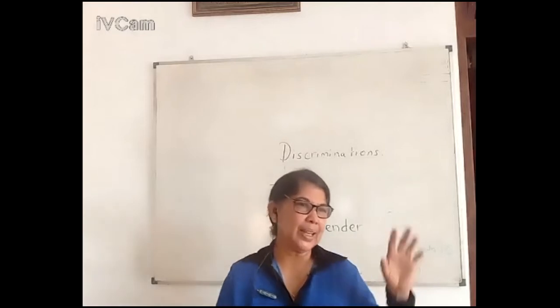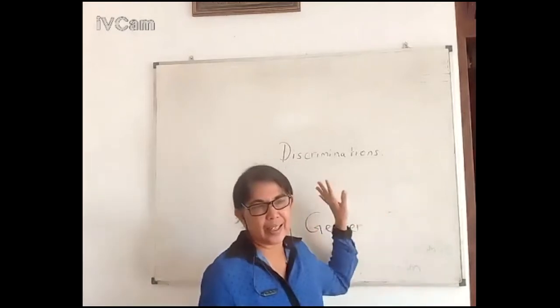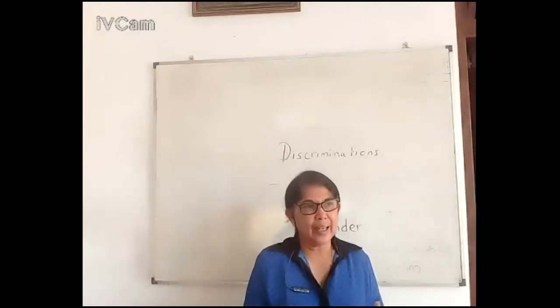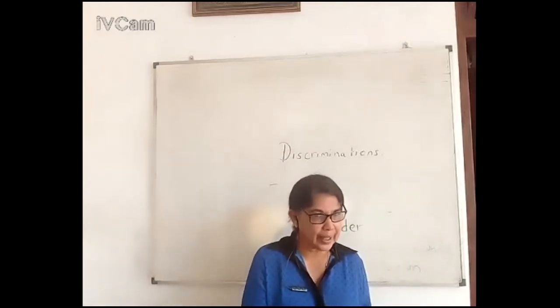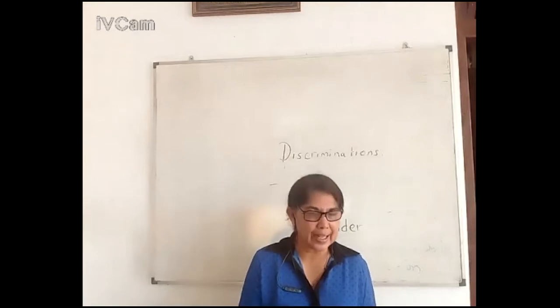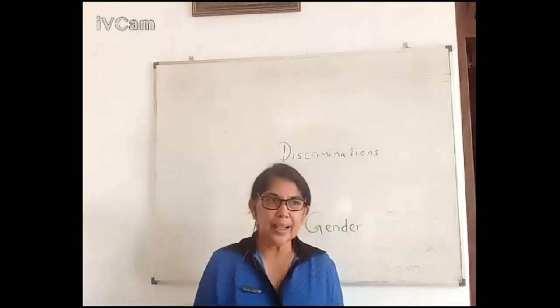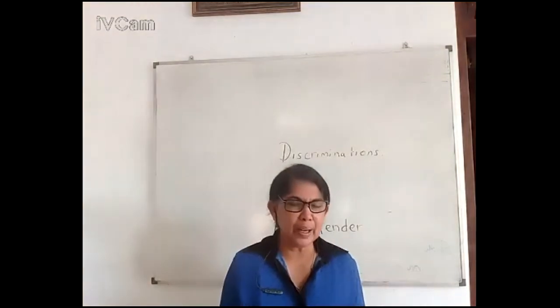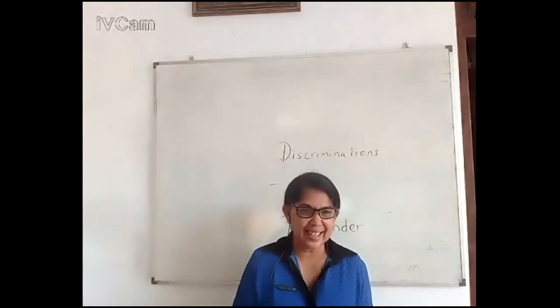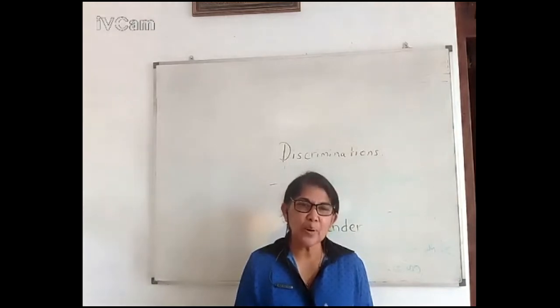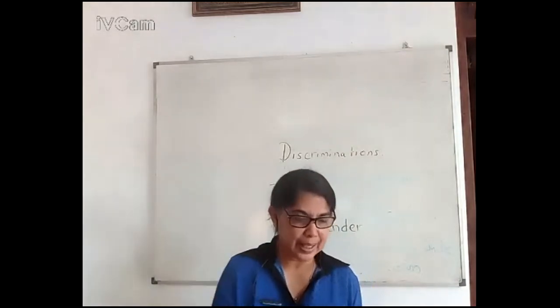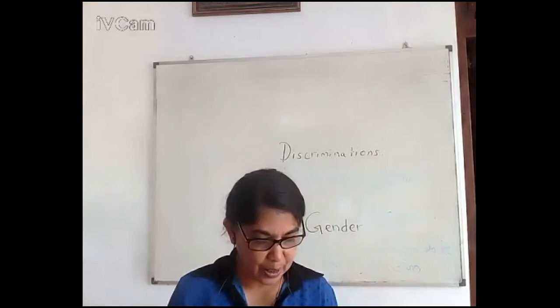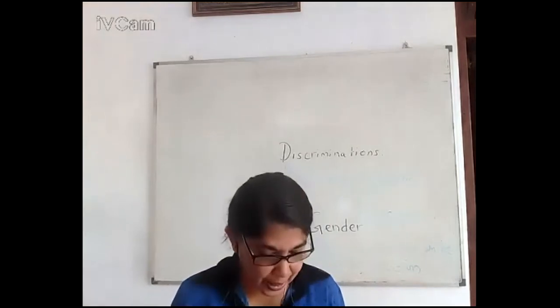That is why I told you, when you study literature, ultimately you become a critical thinker as well as a human, not an inhuman person, right? That is the most important thing.